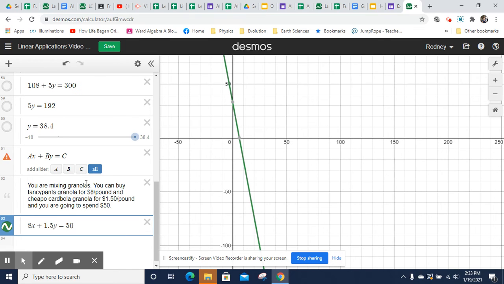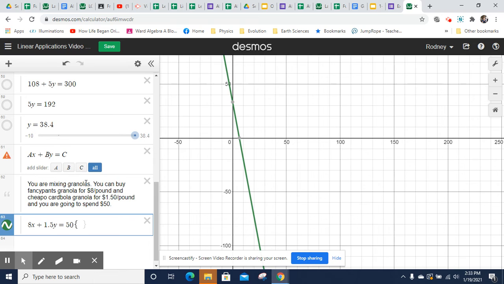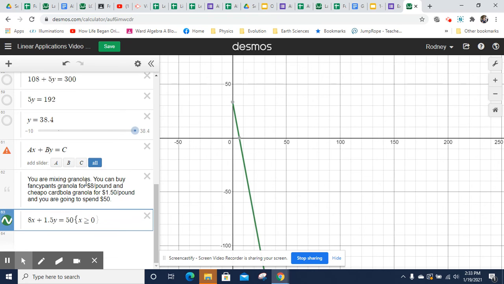And then, of course, you might have gone ahead and restricted it and said X is greater than or equal to 0. And maybe you further restricted and said Y is greater than or equal to 0, because you know you can't get a negative number of pounds of granola.